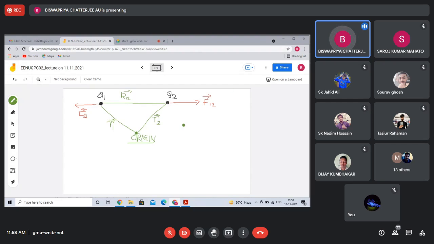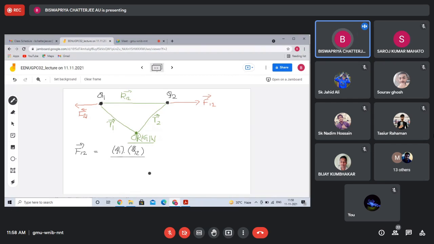So if we write F12, it is the product Q1 into Q2, divided by the distance square.